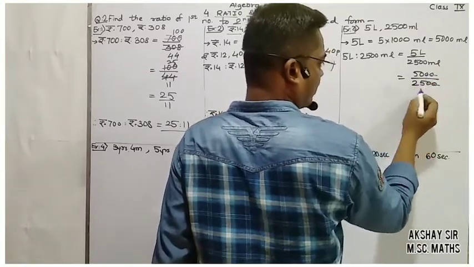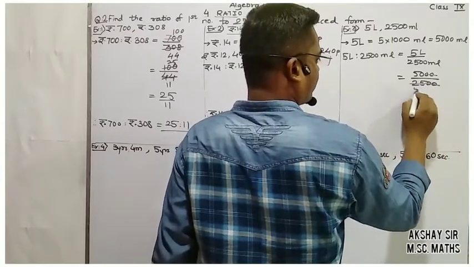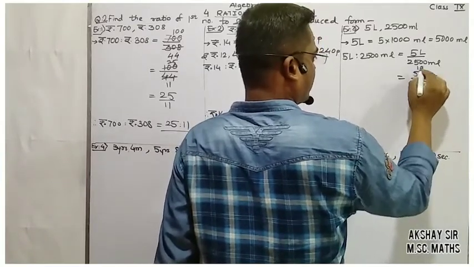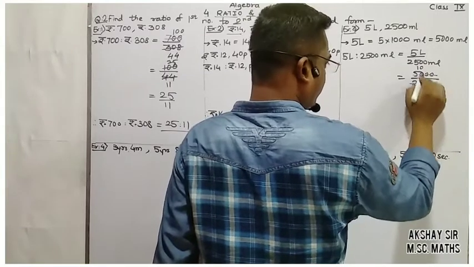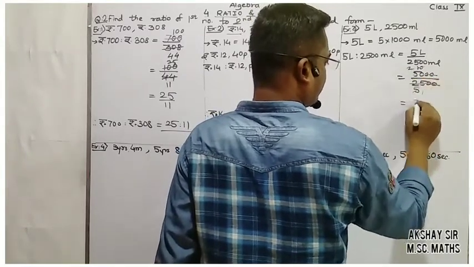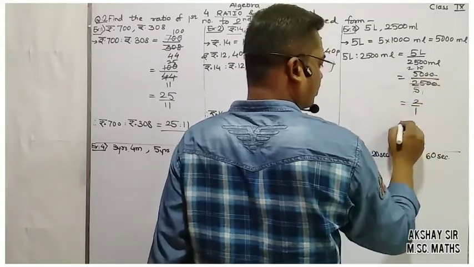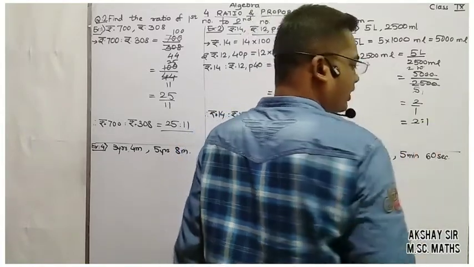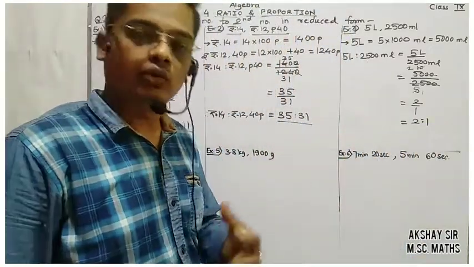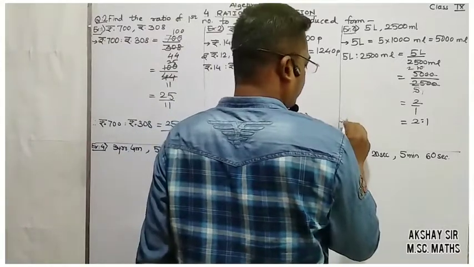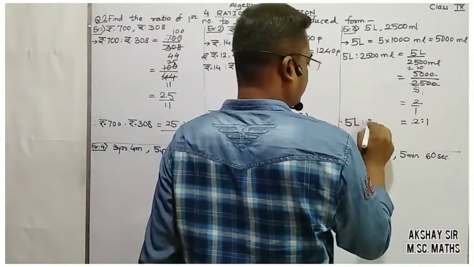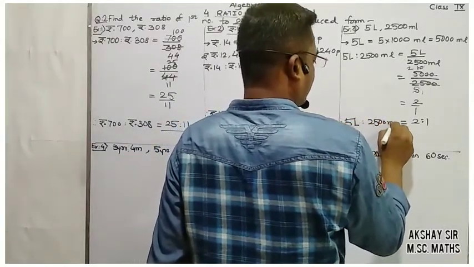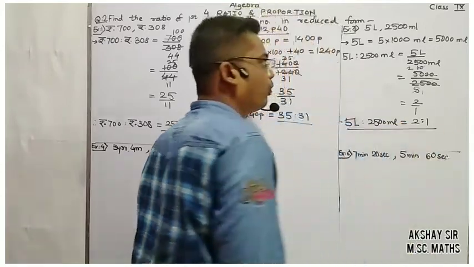So 2 zeros will get cancelled. 5 fives are 25 and 5 tens are 50. Next, 5 ones are 5 and 5 twos are 10, it will be 2 upon 1. Writing 1 is also important because हमें ये सब ratio में लिखना है. Second quantity should be mentioned, so 1 आना important है. So therefore 5 liter as to 2500 ml is 2 as to 1.